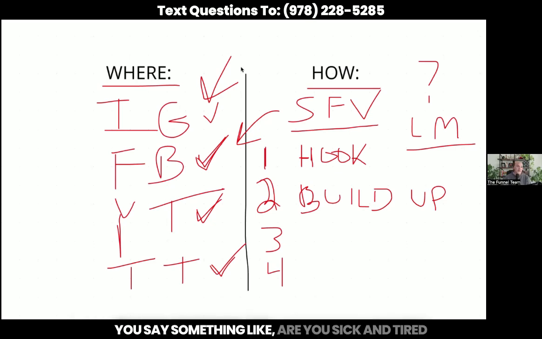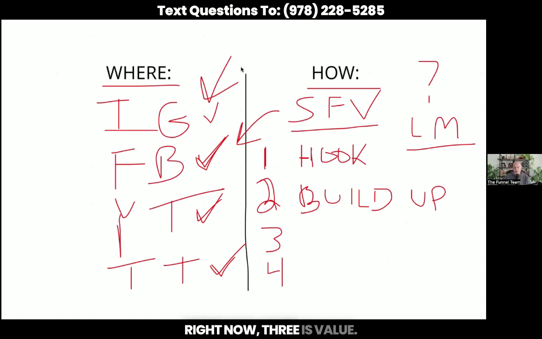If you say something like, are you sick and tired of having a credit score less than 700? Are you sick and tired of not being able to pay your bills? Are you sick and tired of getting denied for loans? You take whatever that hook is, and then you add onto that, you pour salt into that wound. Okay. You hook them in, you add to it, right?